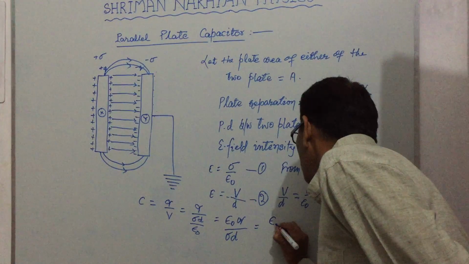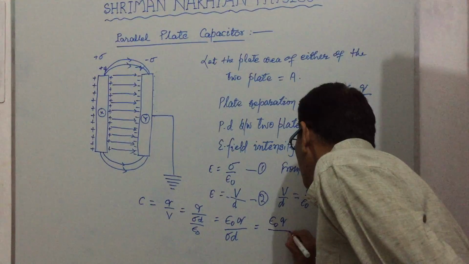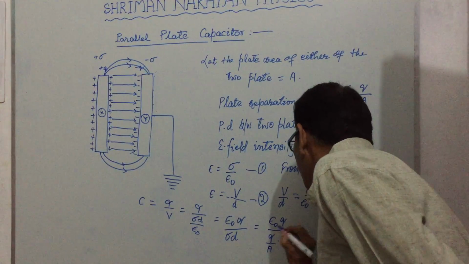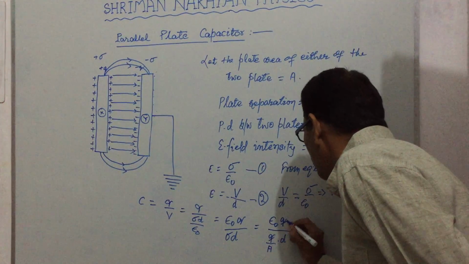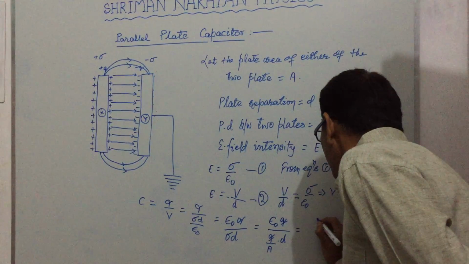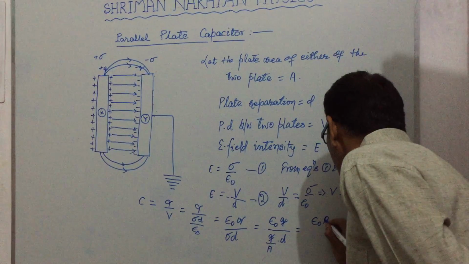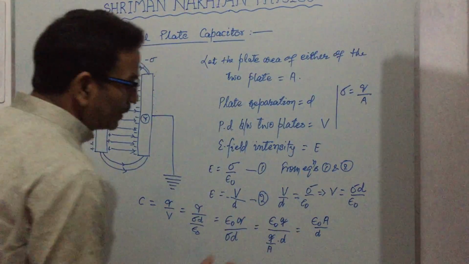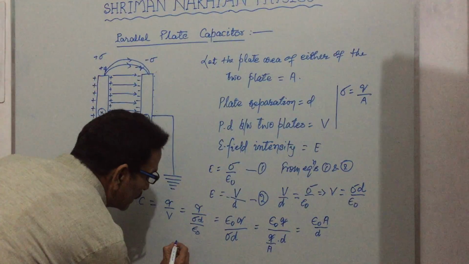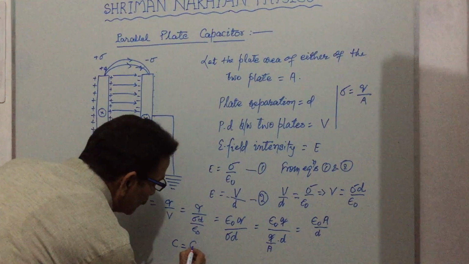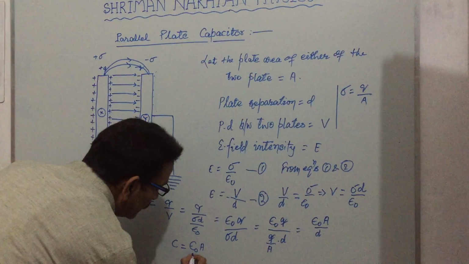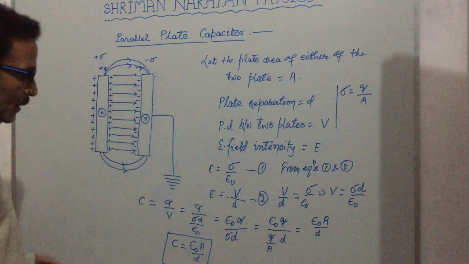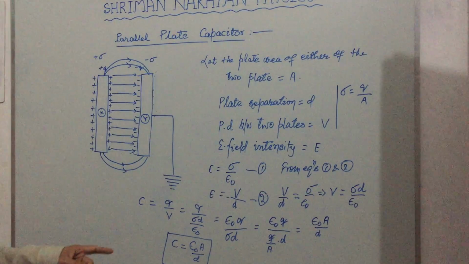You will get epsilon naught into Q divided by Q divided by A into D. Remember here, Q will be cancelled out, and you will get epsilon naught into A divided by D. So the formula for capacity of a parallel plate capacitor is C equals epsilon naught into capital A divided by D. This is the formula for capacity of a parallel plate capacitor.